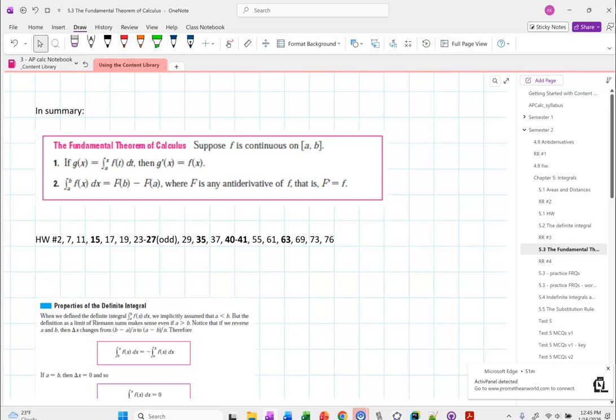Now I can use the antiderivative to calculate these areas, or I can use a derivative to cancel an integral, or I can use an integral to recover my derivative, right? All these processes work in conjunction with one another.